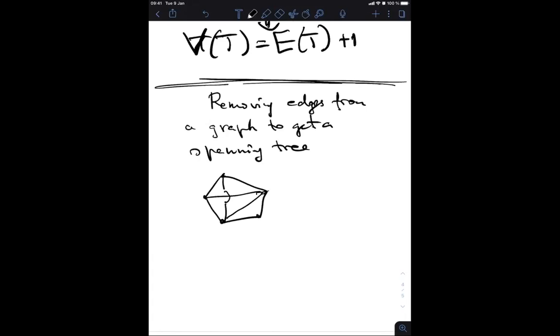Now, I'm saying that I want to get a spanning tree, just one from it. So what should I do? If I find a cycle here, for example, I'm taking this cycle, and I'm saying I will remove any of its edges. Here I'll be removing this one, for example. What I'll be getting is a graph like this.